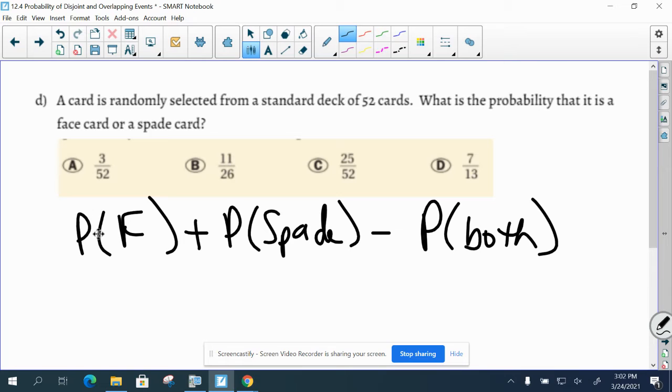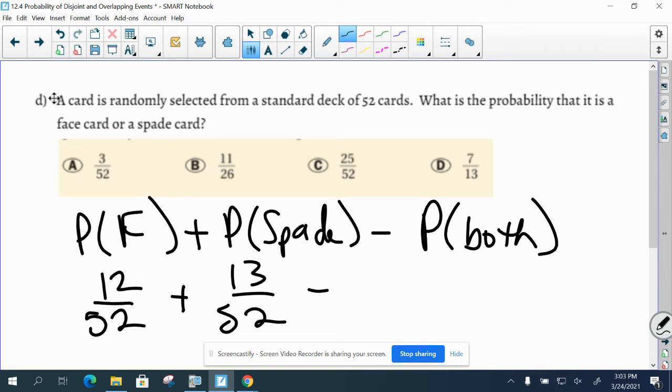So the probability of it being a face card, remember, was 12 out of 52. The probability of being a spade, well, a quarter of them are spades because it splits it up into 4 different types of cards. So that would be 1/4, or you could say 13 over 52.